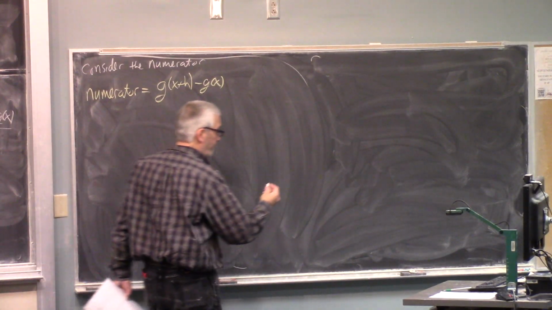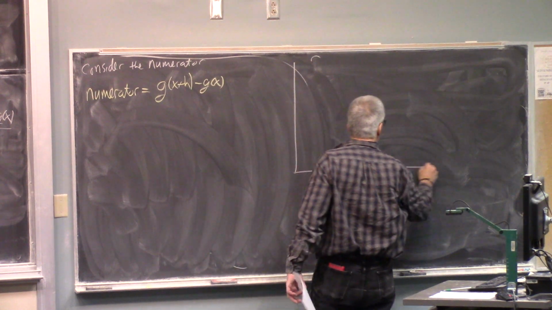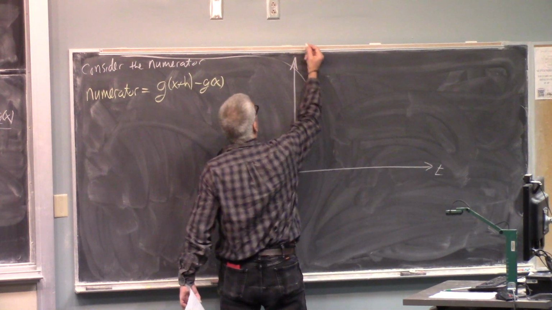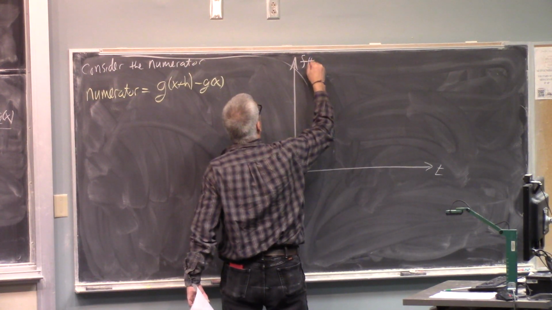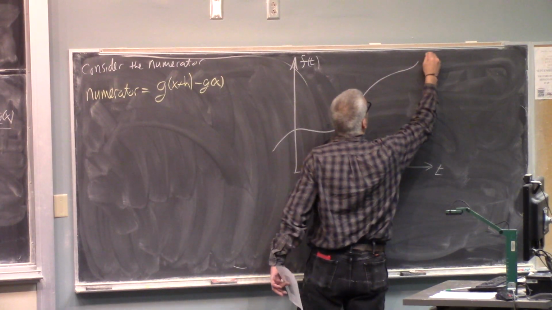Now let's make a picture of what that looks like. So this is a picture with t as the horizontal axis and f of t as the vertical axis. So here's my graph of f of t.